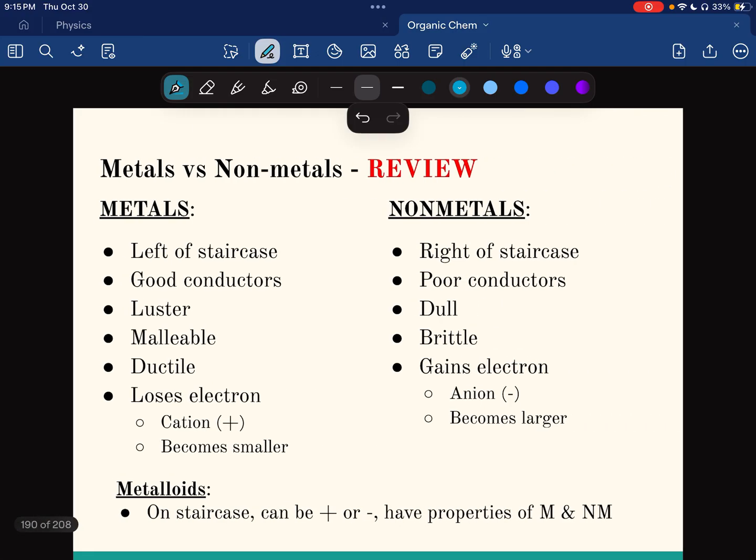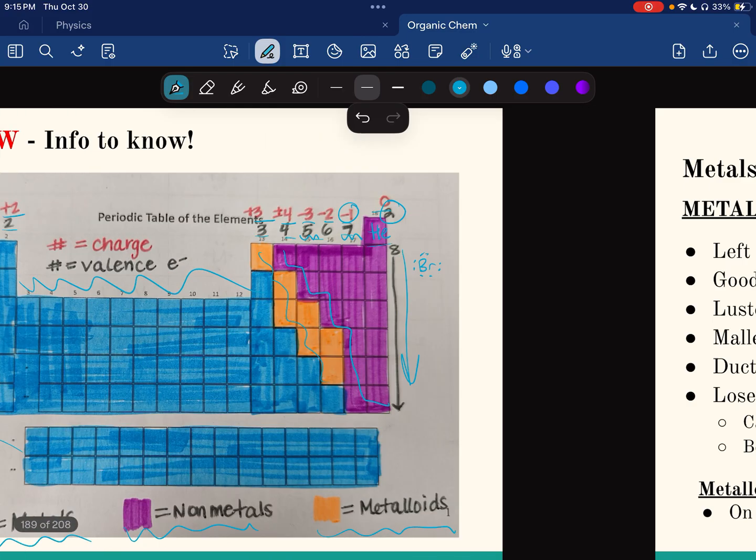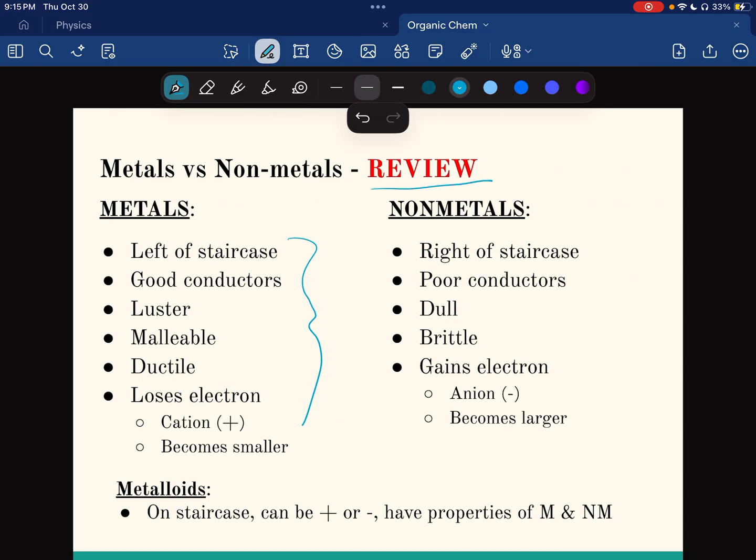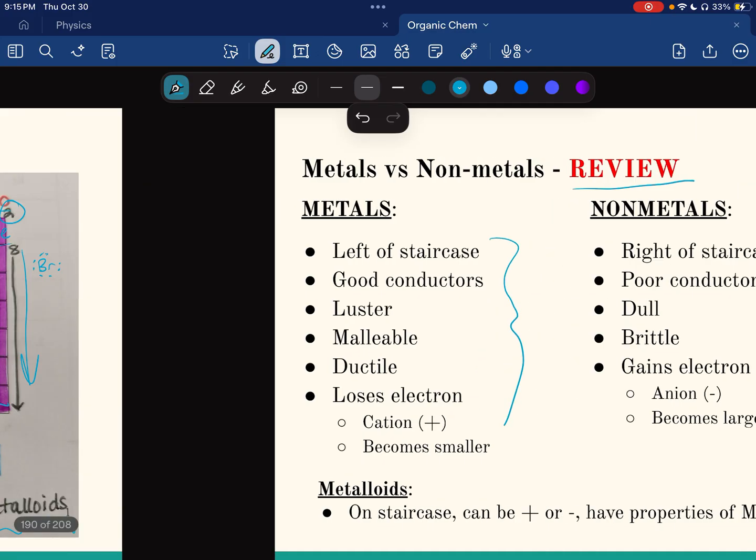All right. It says it's review, so you should probably already know. But this, you can just memorize this stuff. Cation and anion just means positive and negative. But the nonmetals would rather be negative, and the cations would rather be positive.